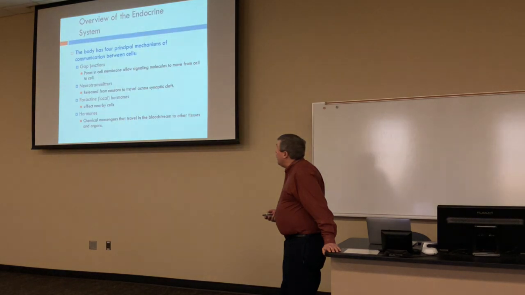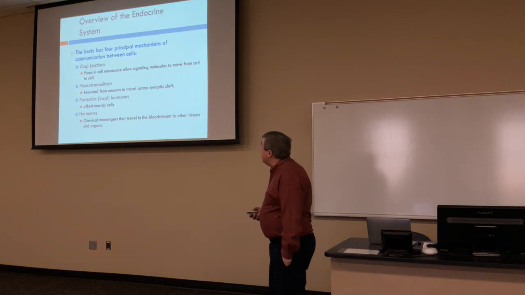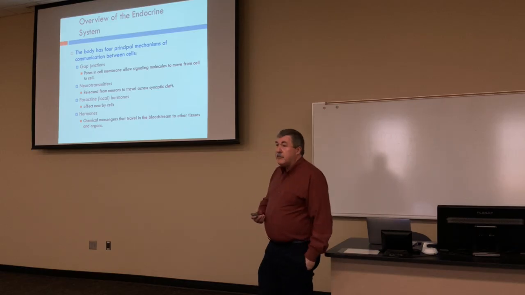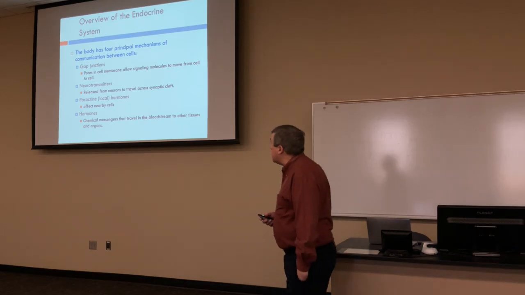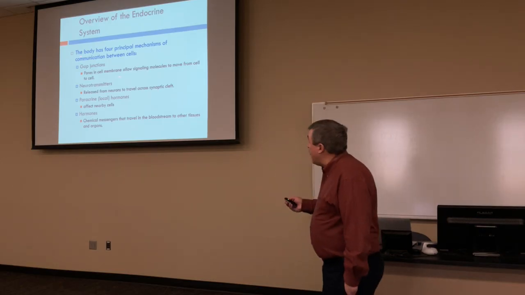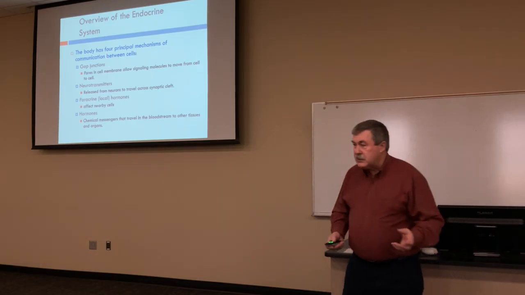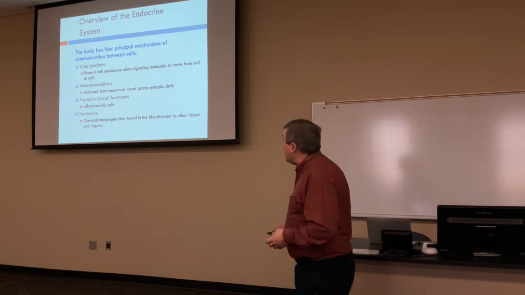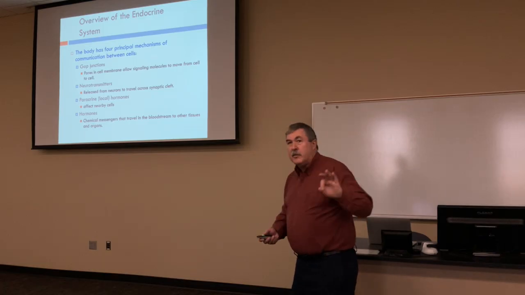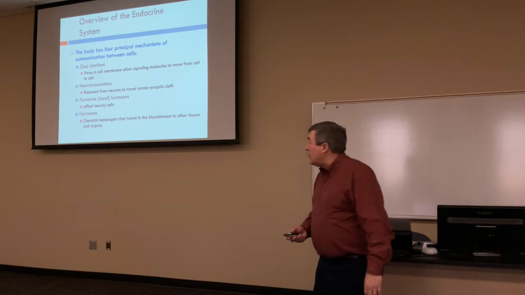So the body actually has 4 different mechanisms of communication between cells. One of them that allows adjacent cells to communicate is by way of gap junctions. Gap junctions are protein complexes between 2 adjacent cells that form a small pore or a hole between the 2 cells.